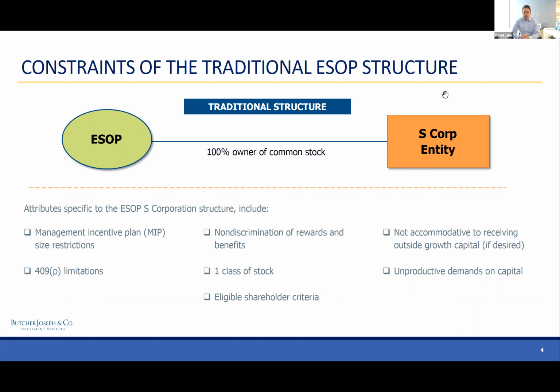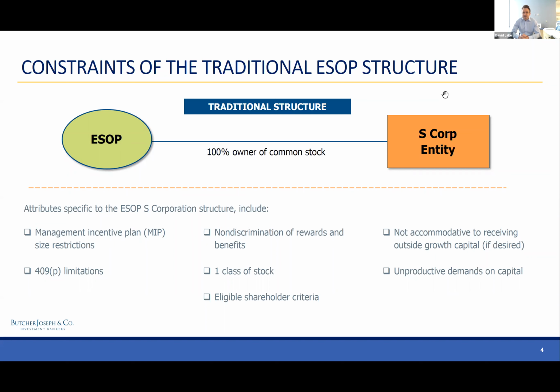Then of course you throw on the ESOP, which can provide an additional layer of complexity. Again, because this is such a beneficial structure, the IRS wants to make sure that it's not being taken advantage of, and you run into things like 409P. And this is certainly not a lecture on the nuances and the details of 409P.